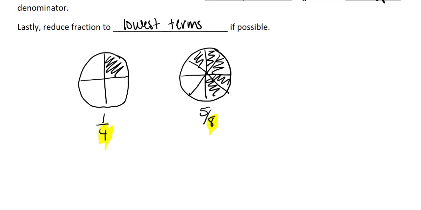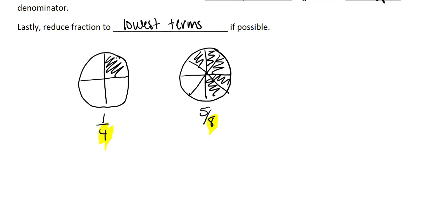So what we'd have to do is get both of these into the same parts, the same denominator, and then we could add them together. For this one, all we would have to do is cut this pizza into 8s, so we would make the common denominator 8s.